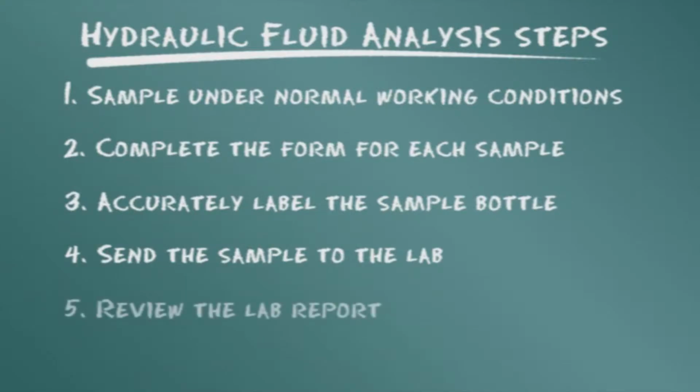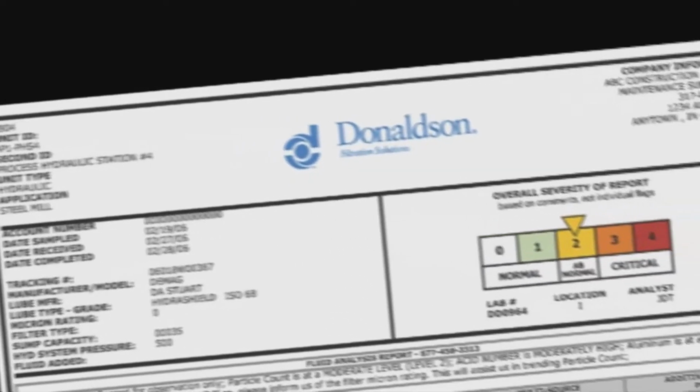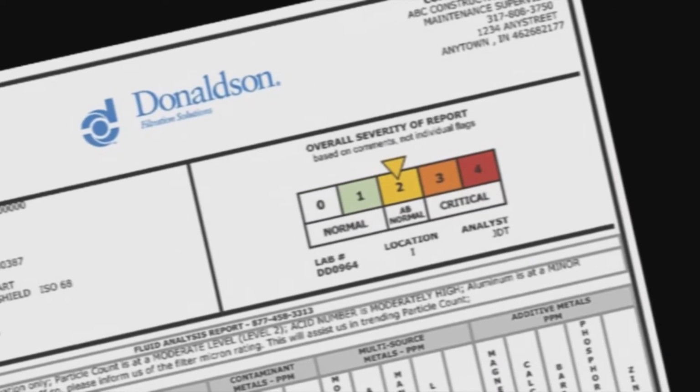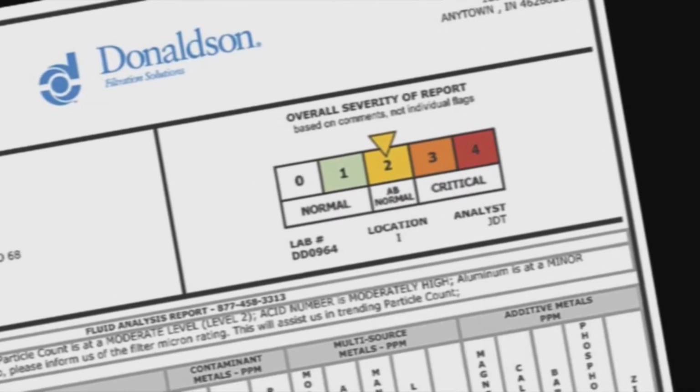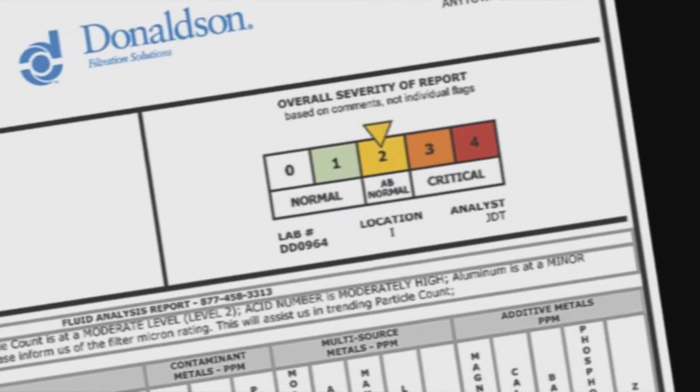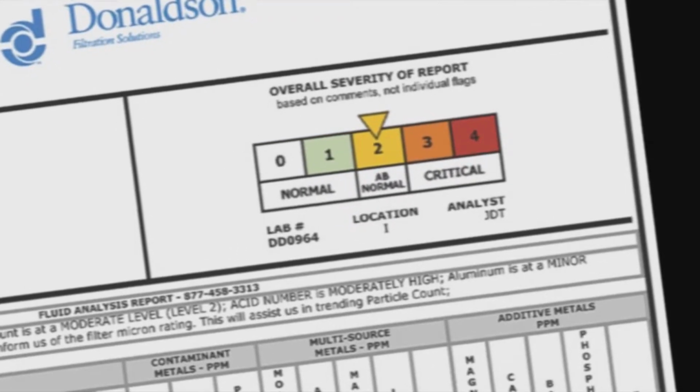The final step is to review the lab report when it comes back to you, or to view it online. After you've verified your equipment identification, look at the color-coded sliding scale. It tells at a glance whether the analysis results are in the normal range or the overall degree to which problems have been detected.